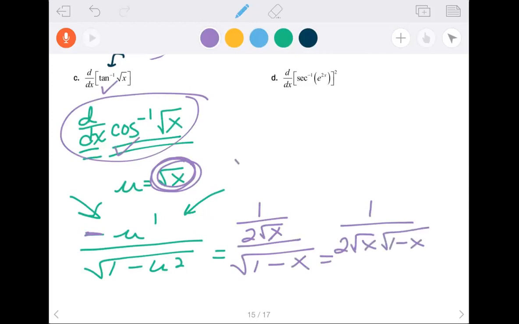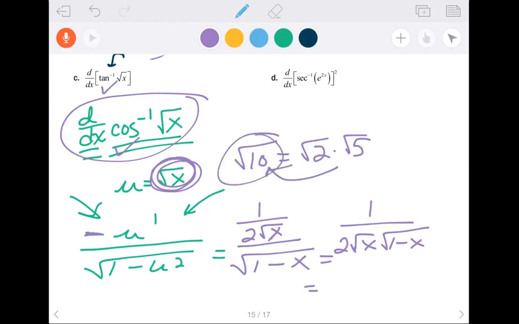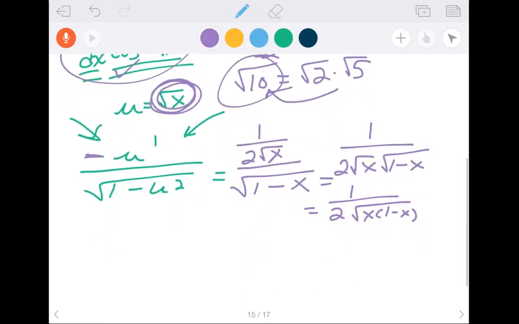Now keep in mind the square root of 10 is equal to the square root of 2 times the square root of 5, and it works that way as well. So I like this better. So what you're going to see for your worksheet is you're not going to see that root being split apart, because I like it better as the square root of 10 instead of the square root of 2 times the square root of 5. So what's going to happen in that denominator is that x is going to get sucked back in under the root.